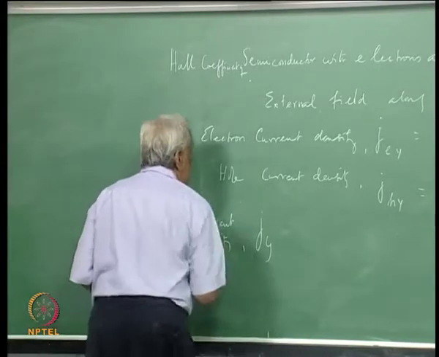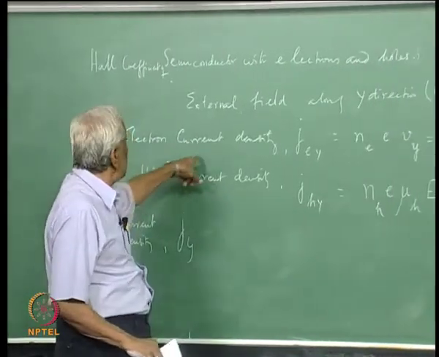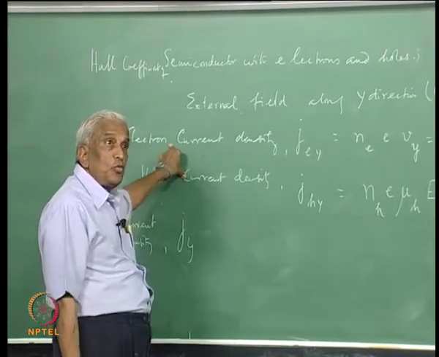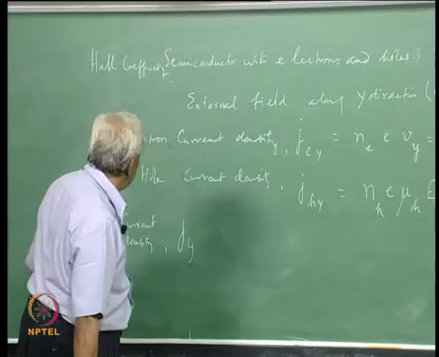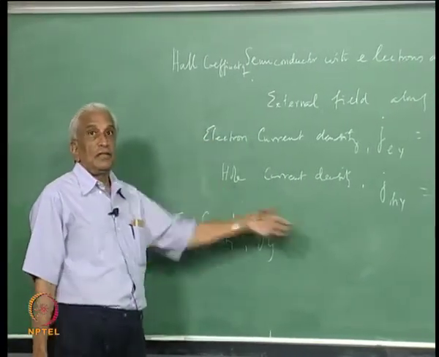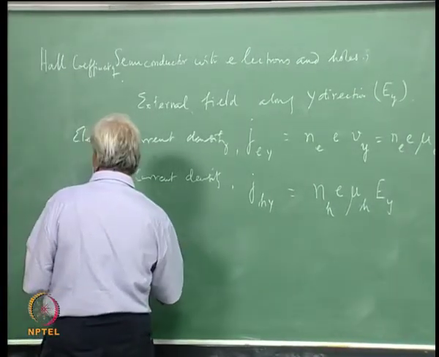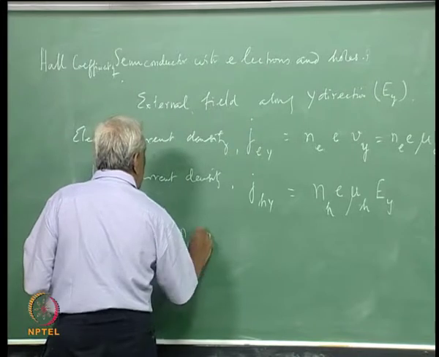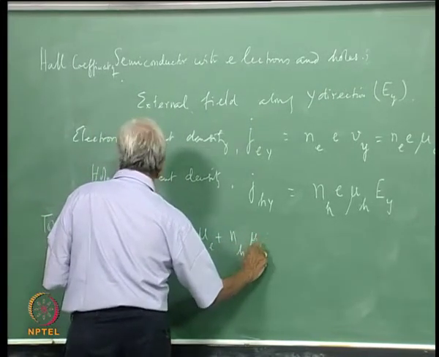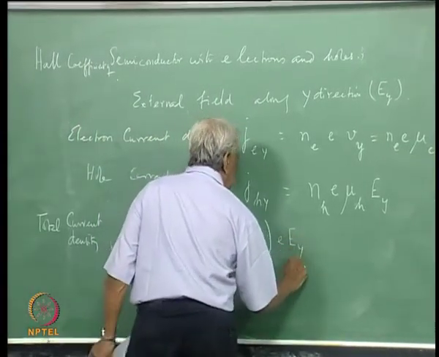As we already discussed, the holes will move in a direction opposite to that of the electrons. They will move along the electric field direction, and the electrons will move opposite to it, but since they are of opposite charges, the current densities will be added. So, this will be e(N_e μ_e + N_h μ_h) E_y.